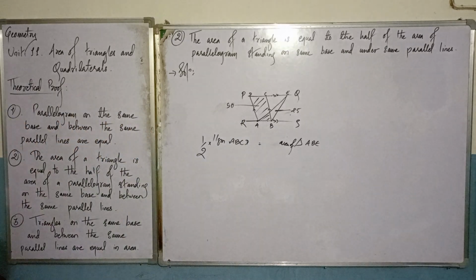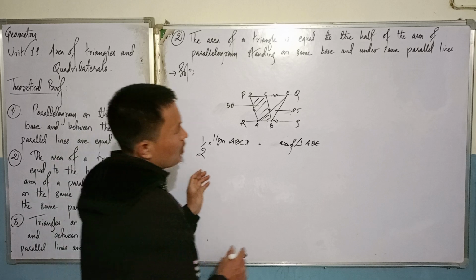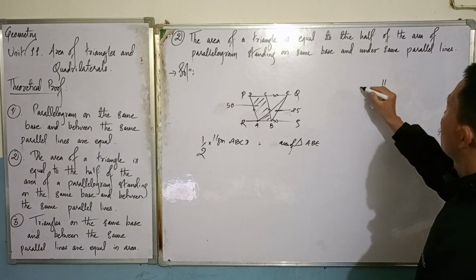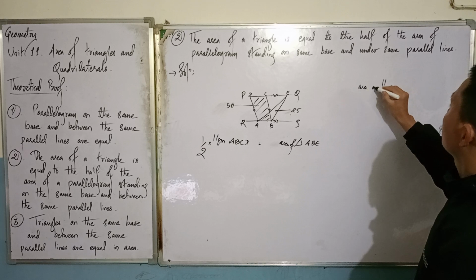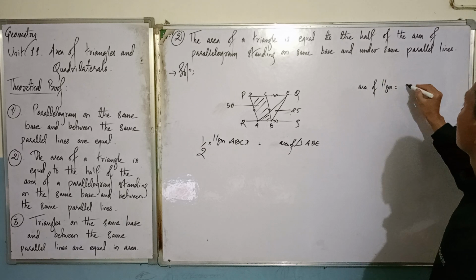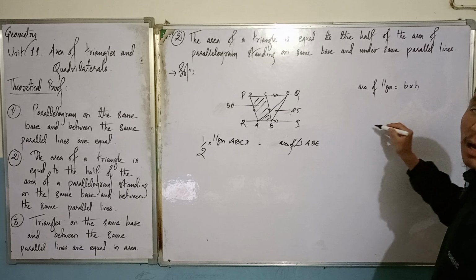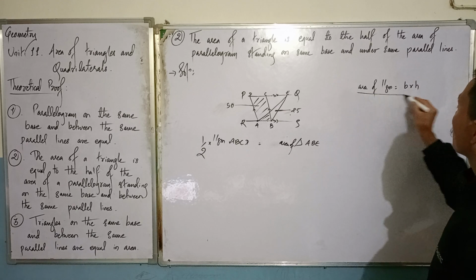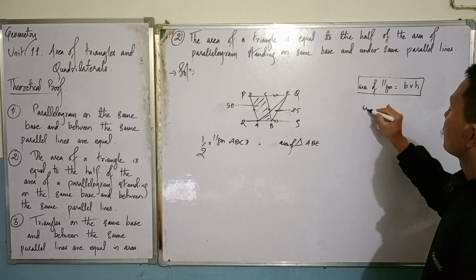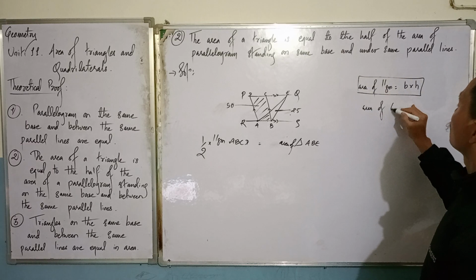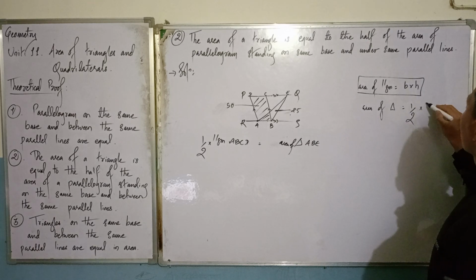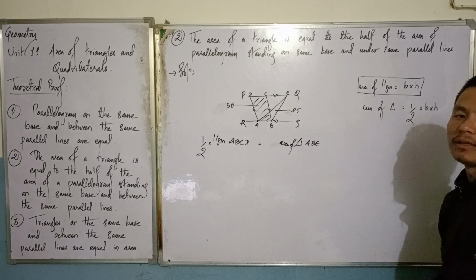theoretically. First of all, in the previous theorem also, I used the area of parallelogram, that is base into height. Now in this case I will be using the area of parallelogram plus the area of triangle, which is 1/2 base into height.